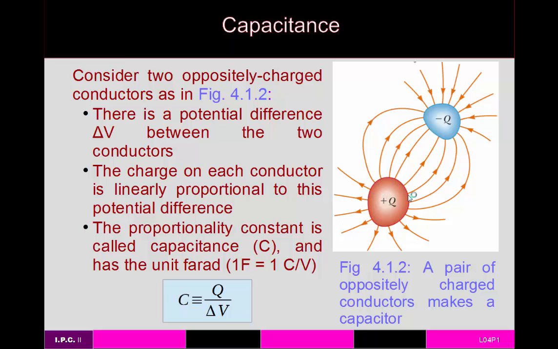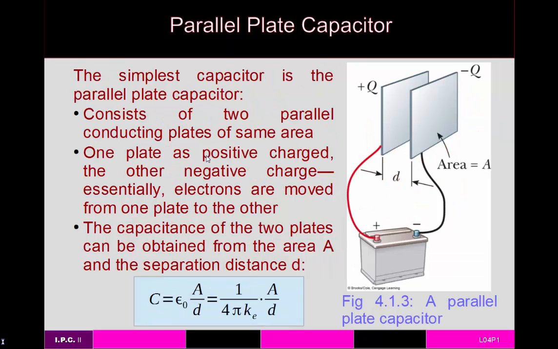Now notice that for a pair of parallel plates, which is the simplest type of capacitor, there's going to be plus Q on one plate and minus Q on the other plate, which means ultimately that the total charge stored on the capacitor itself is 0.